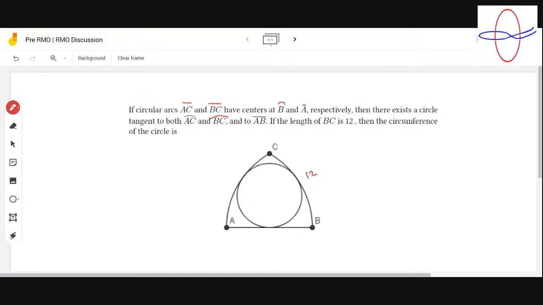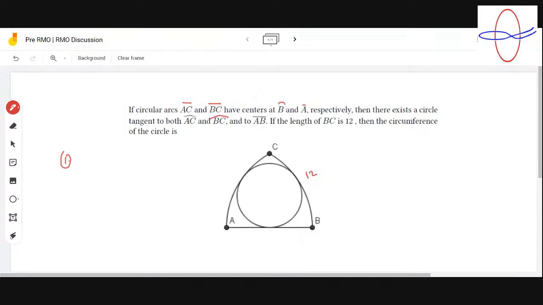Common radius AB. Okay, perfect. That's the first idea, guys. It's told that AC and BC have centers A and B, and they have common radius, that is AB. Perfect. That's a very good observation.